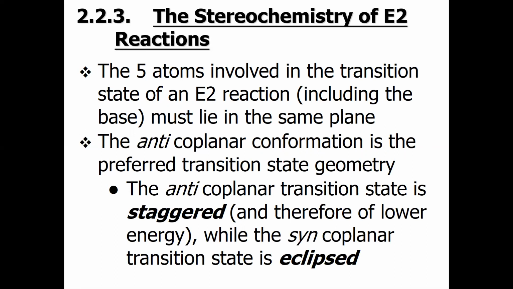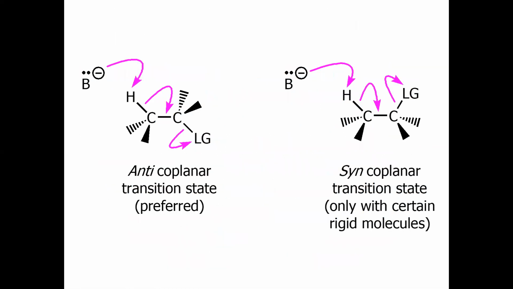This anticoplanar transition state is basically the staggered position and therefore of lower energy, while syncoplanar means removal on the same side, at the same time, or the similar side of the attack of the base. This transition state is eclipsed. I will show you by means of an example. For example, this is the base and this is the three-dimensional arrangement of the alkyl halide.